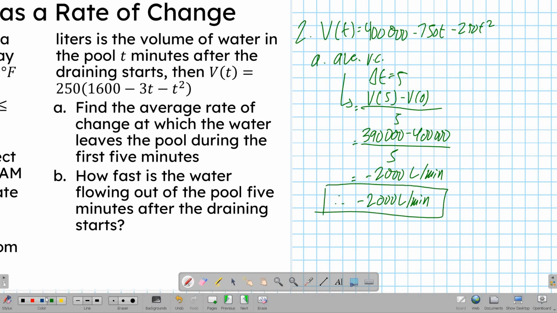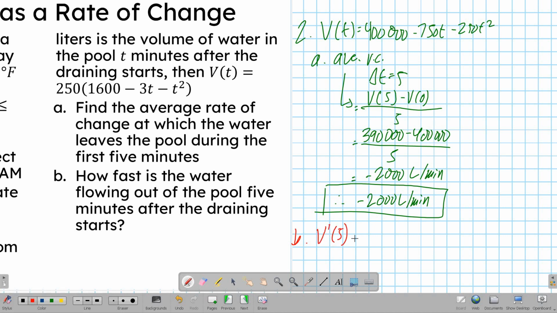Now, how fast is the water flowing out of the pool 5 minutes after the draining starts? That would be the instantaneous rate of change at 5 minutes, so that will be V prime of 5.